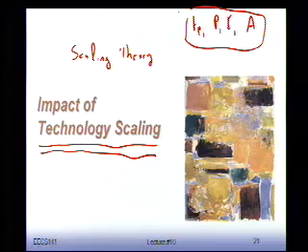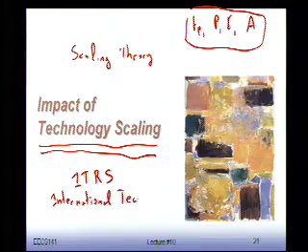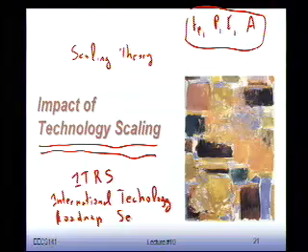So this committee is called the ITRS, the International Technology Roadmap for Semiconductors.